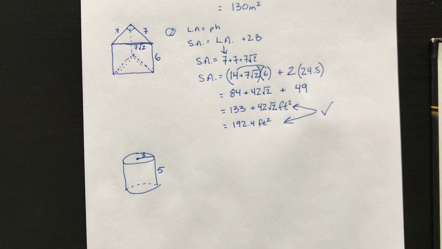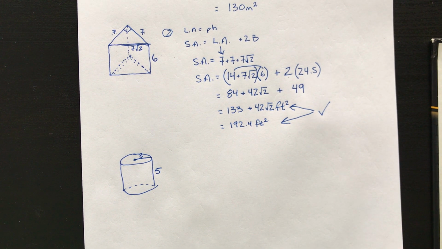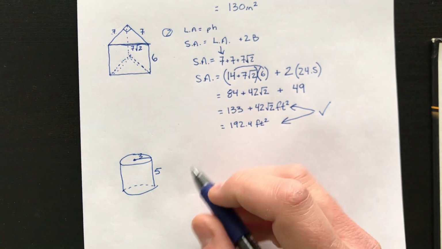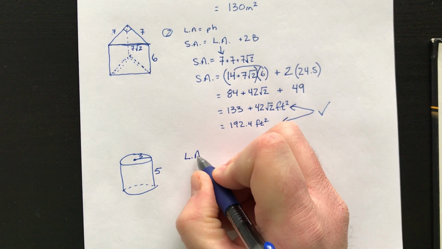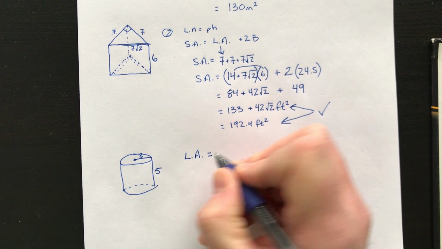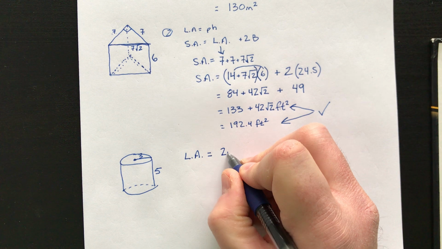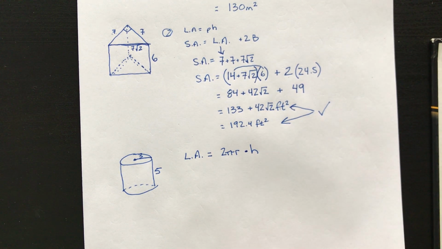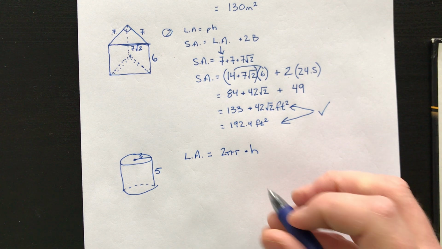Anything with circles, like a cylinder, a sphere, anything with a circle is going to be easier than a prism. All right, because lateral area, and I'm getting this right from your book, of a cylinder is 2 pi r times the height.